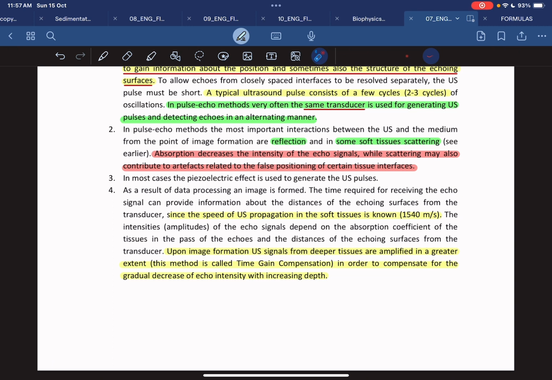So we can say this bone is like 3 centimeters deep, something like that. Since the speed of propagation of sound is known, we can provide information of the distances of the echo surfaces from the transducer, okay.